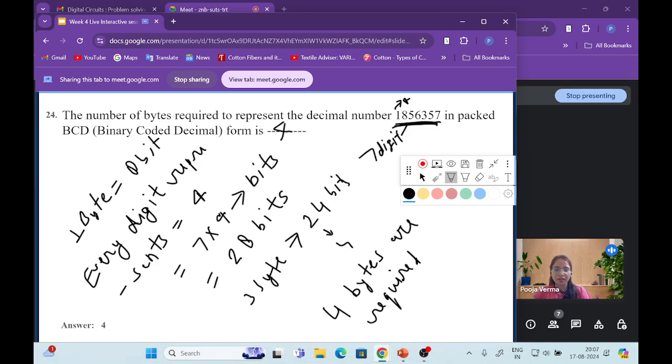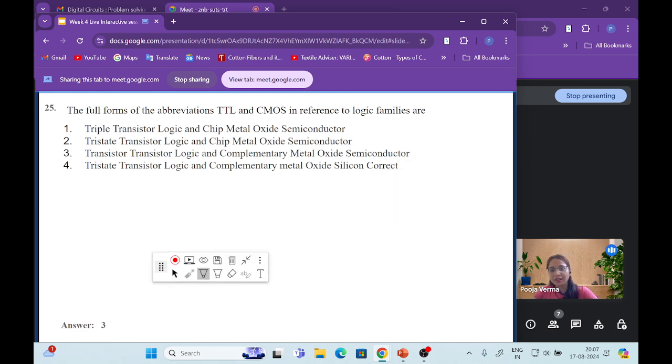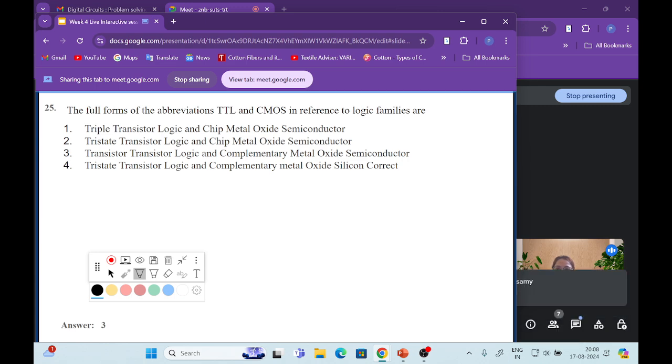So moving to the next and last question. Can anyone guess for this? The last question is: the full form of the abbreviations TTL and CMOS in reference to logic families. What are the full forms of TTL and CMOS? First option is triple transistor logic and chip metal oxide semiconductor. Second option is tri-state transistor logic and chip metal oxide semiconductor.